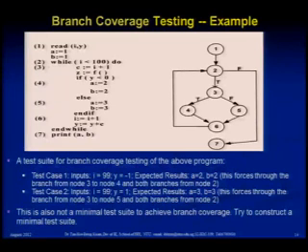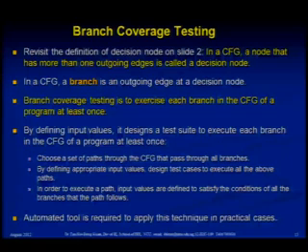So what is a branch in the control flow graph? A branch is an outgoing edge at a decision node.